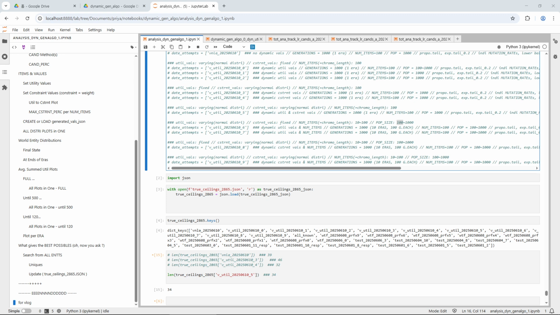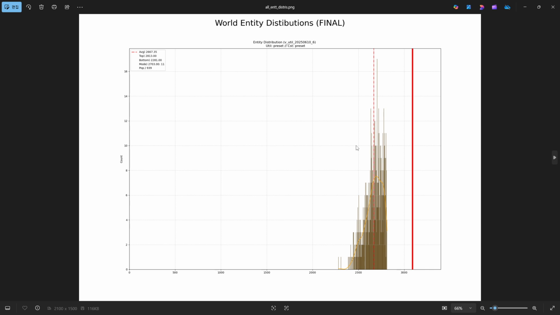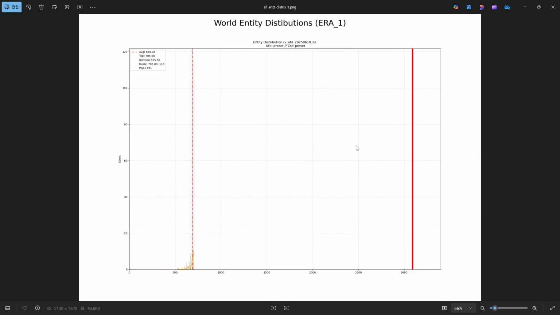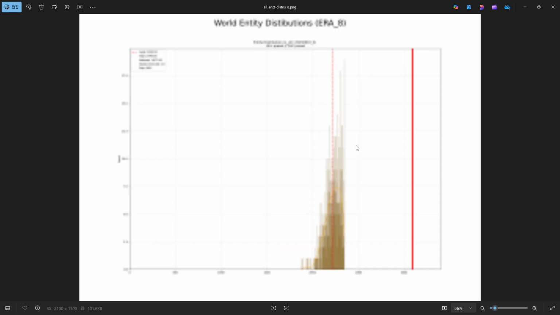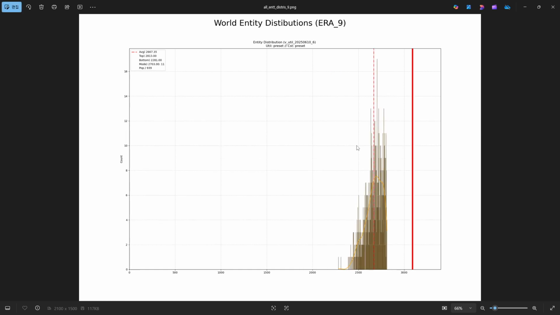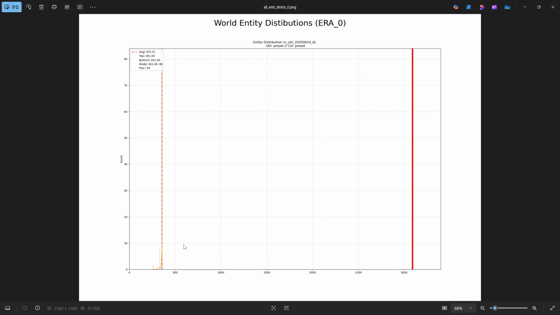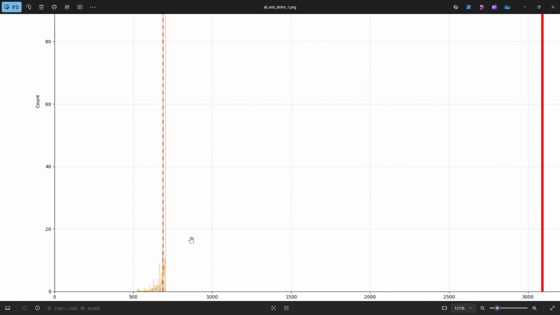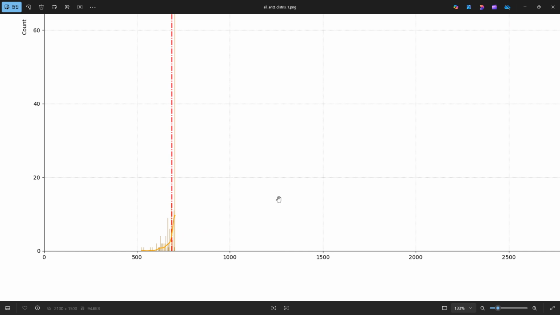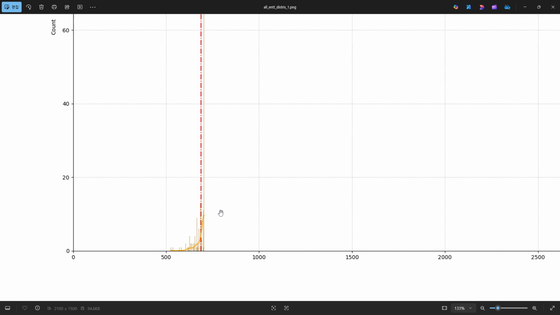So here are the entity distributions. You can see that as the population size increases, we start getting more and more fledged entity distributions.